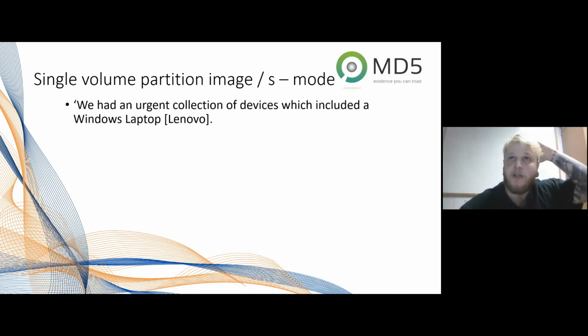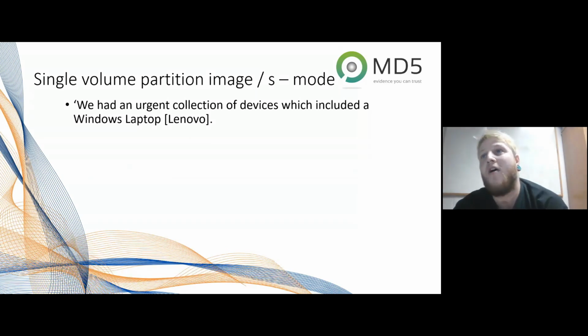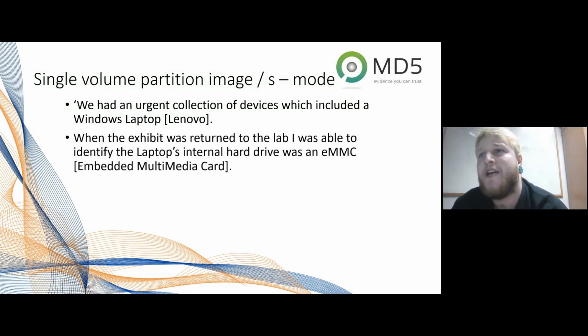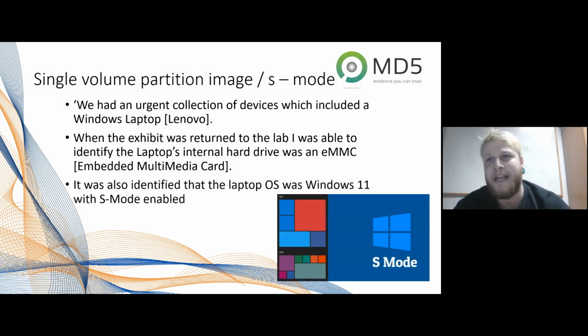So just to go through these points, we had an urgent collection of devices, which included a Windows laptop, a Lenovo laptop. When the exhibit was returned to the lab, it was identified that the internal drive was an eMMC hard drive. It was also identified that the laptop OS was Windows 11 with S mode enabled.